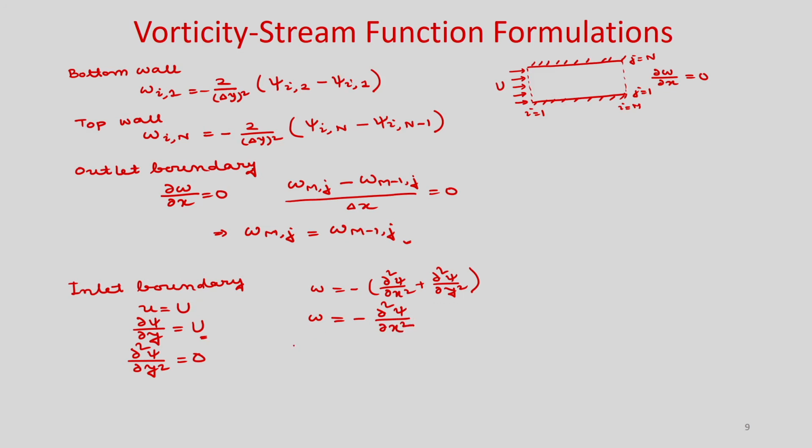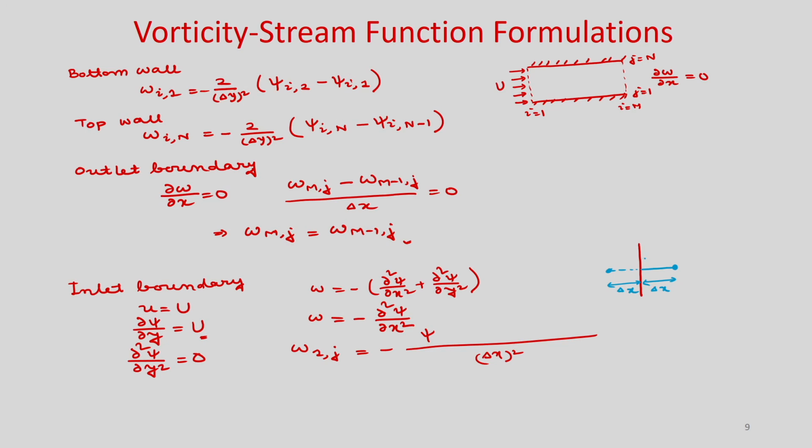Now, you can discretize omega. So, it will be i is equal to 1, right. So, omega 1 j is equal to minus... So, if you take a fixed point, this is your fixed point and this is your interior grid separated with a uniform step size, delta x, and this is also delta x.